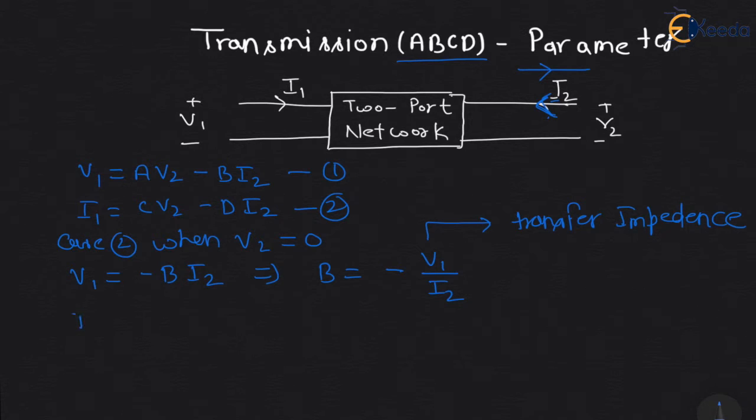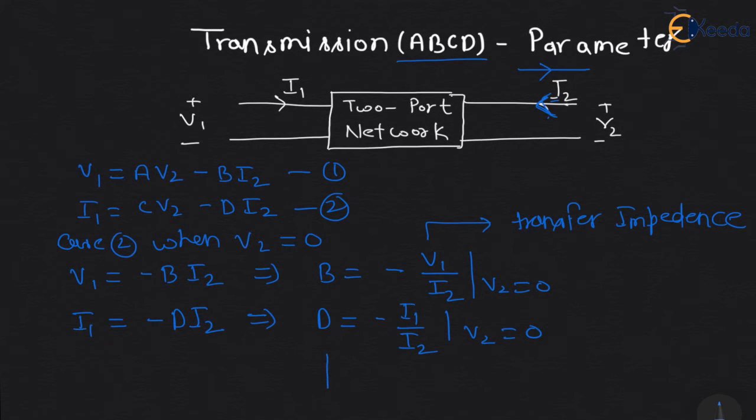And from equation number 2, I1 can be written as minus of D into I2. It means D value can be written as minus of I1 upon I2 when V2 is equal to 0. Here D can be called reverse current gain.